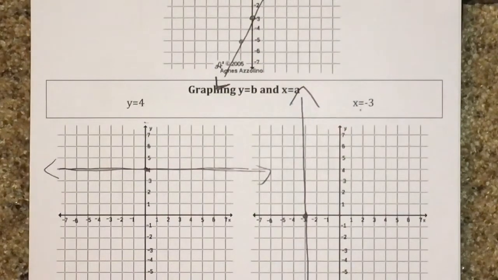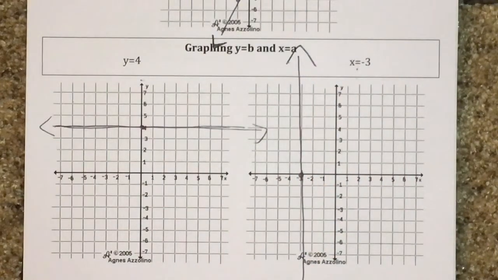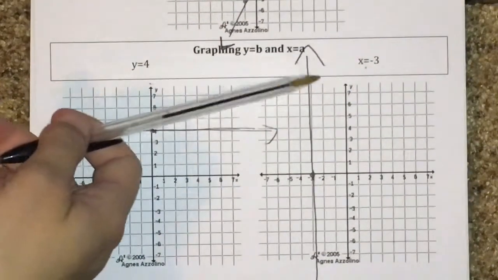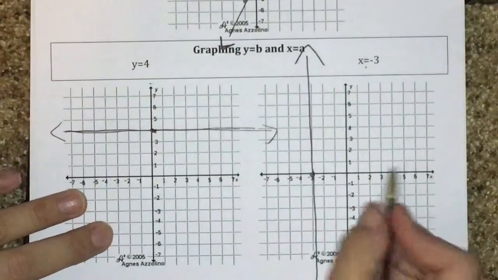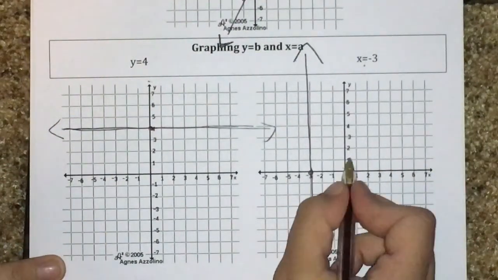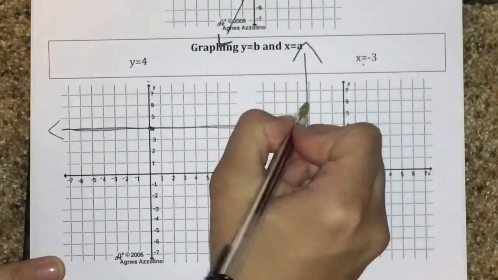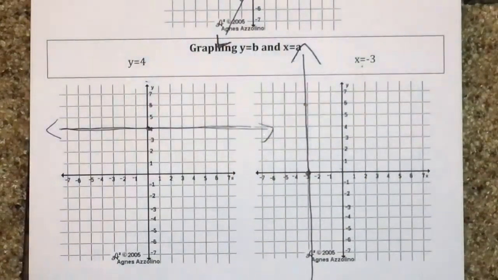The reason it does that is basically it's saying that this equation, x is always negative 3. It doesn't matter what y is. Y could be 1, x is still going to be negative 3. Y could be 6, x is still going to be negative 3.